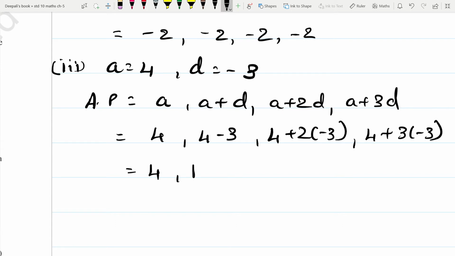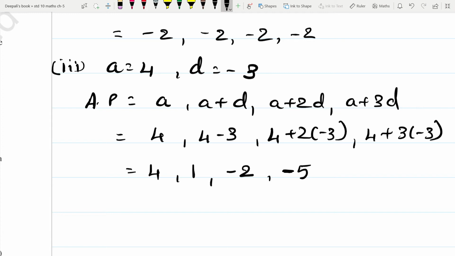So I get 4, 1, then we have minus 2 and minus 5.